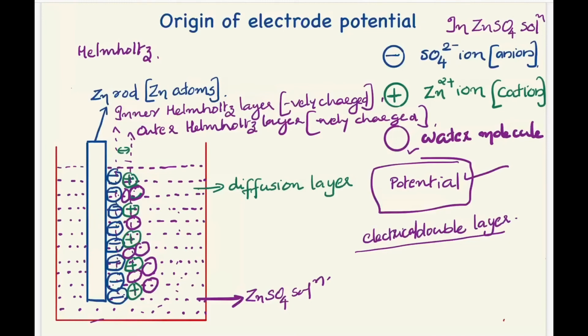You can also identify the potential in this area will be higher compared to the potential in the diffusion layer, because the diffusion layer contains a lower concentration of zinc ions and sulfate ions. Rather, in this area, the inner and outer Helmholtz layer, the concentration of the charges is high.